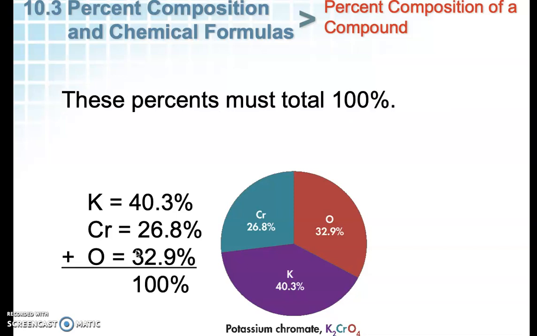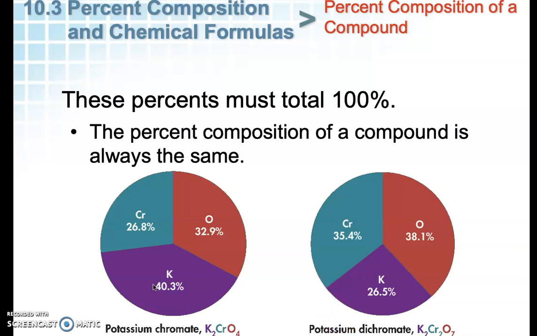Now, the percents should equal 100% if done correctly. That's a clue to you whether you did the problem correctly or not. So if you look right here, K2CrO4 and K2Cr2O7, potassium chromate and potassium dichromate, they both have the sum of 100%. Two different formulas, they both have the sum of 100%.